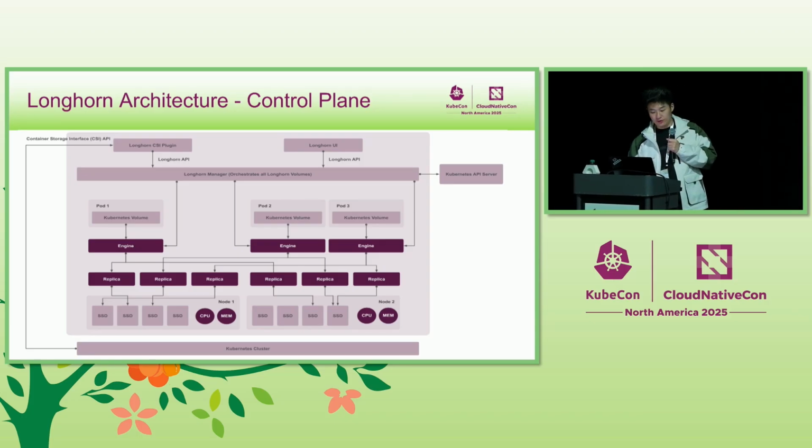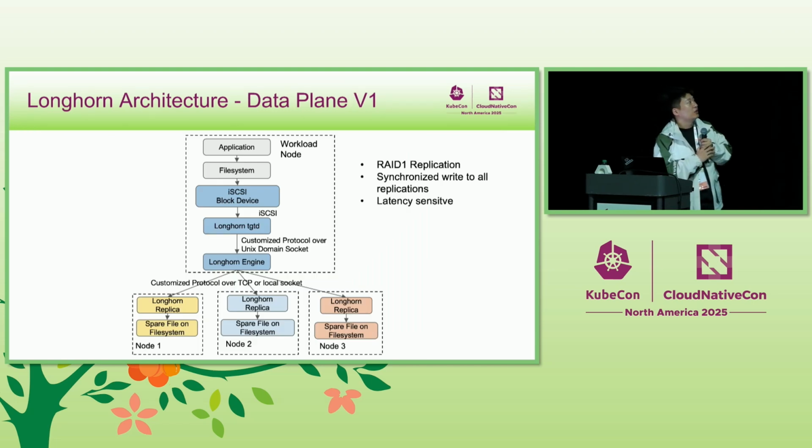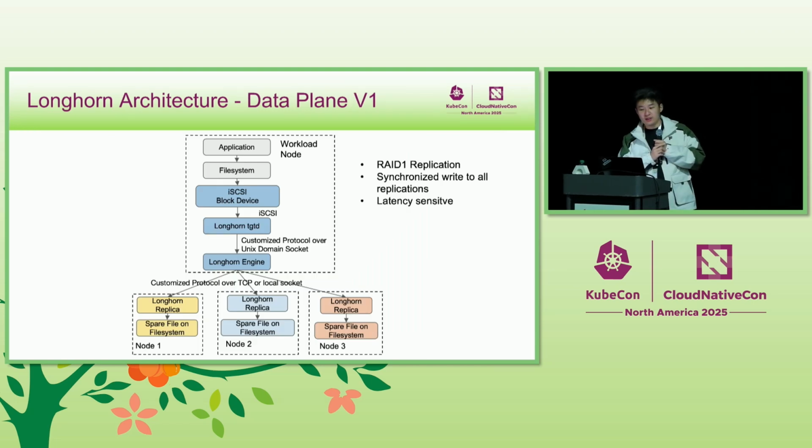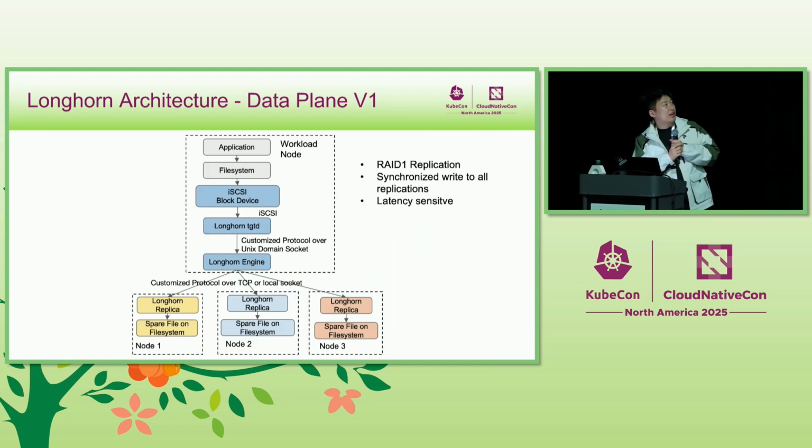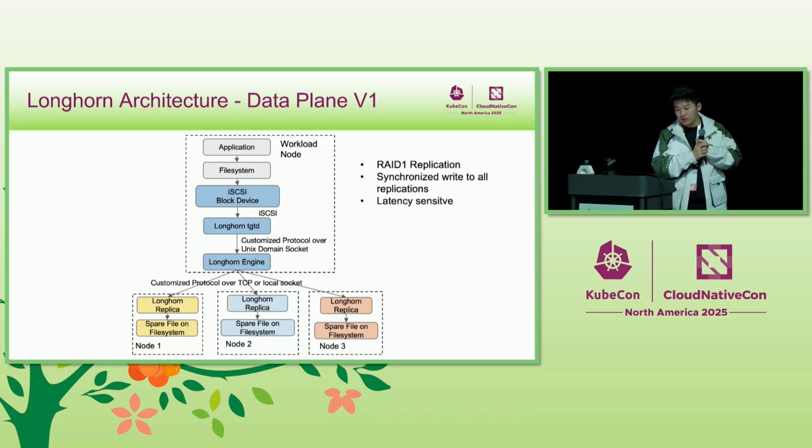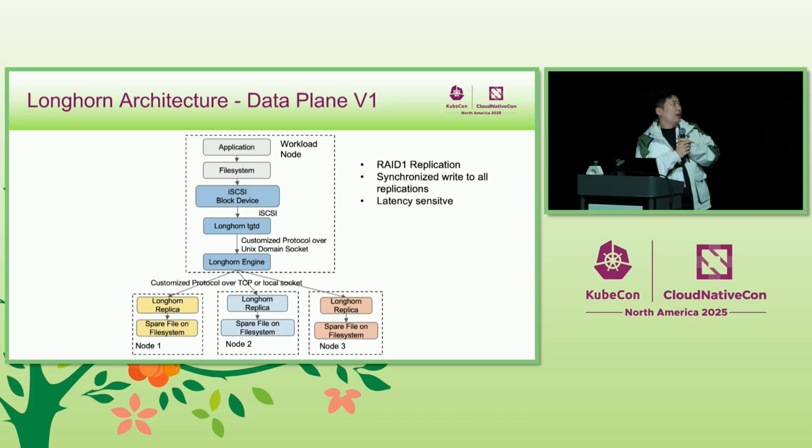It's pretty straightforward. Then let's go deeper into the data plane. So let's say there is an application using a Longhorn volume for persistent storage. Typically it may make a file system on top of it first. But this is not necessary in Longhorn, so we don't care about this part.